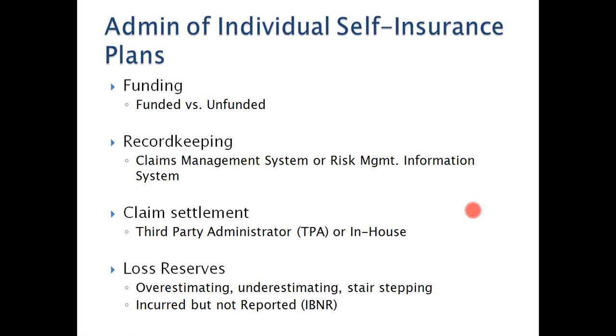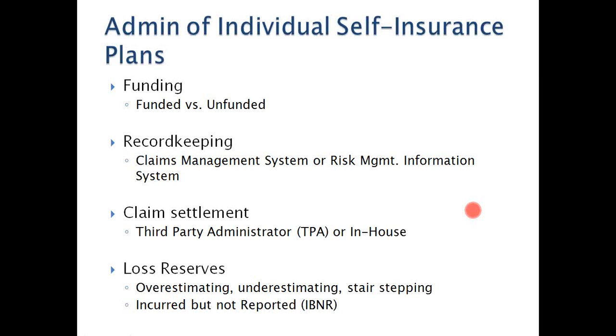Stair stepping is basically that an adjuster may reserve a claim at let's say $1,000, and then they get more information and adjust the reserve to $2,000, and a little bit more information comes in, they up it to $5,000. The problem with stair stepping is that, depending on when it occurs, it affects the loss reserves, and from an actuarial standpoint, it can really mess up the actuarial reports.